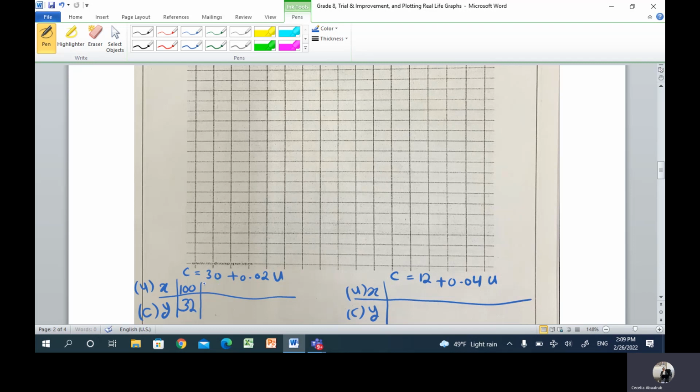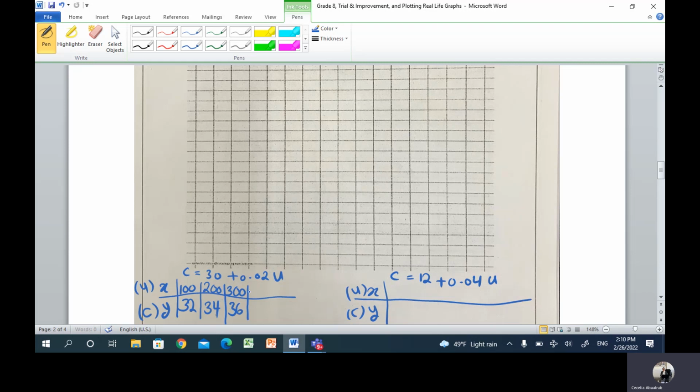Then you can substitute U as 200. If you consume 200 units of electricity and add to it that $30, you're going to end up with C as $34 in total. Then if you substitute U as 300, you're going to say 30 plus 0.02 times 300, and you end up with $36 in total.